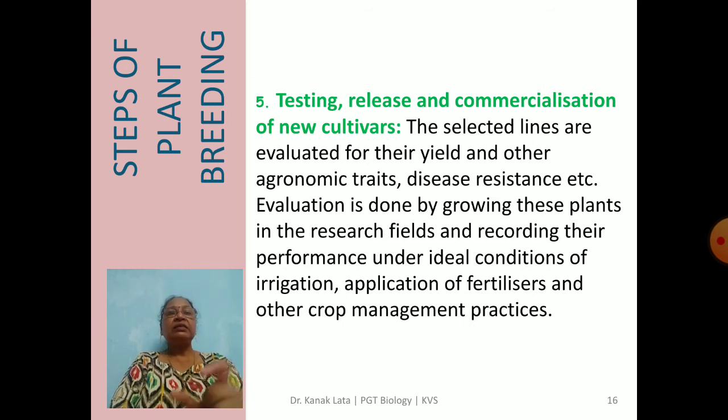So for this they are tested, then they are commercialized. So evaluation is done by growing these plants first in field and recording their performance under ideal conditions of irrigation, application of fertilizers and other crop management practices.